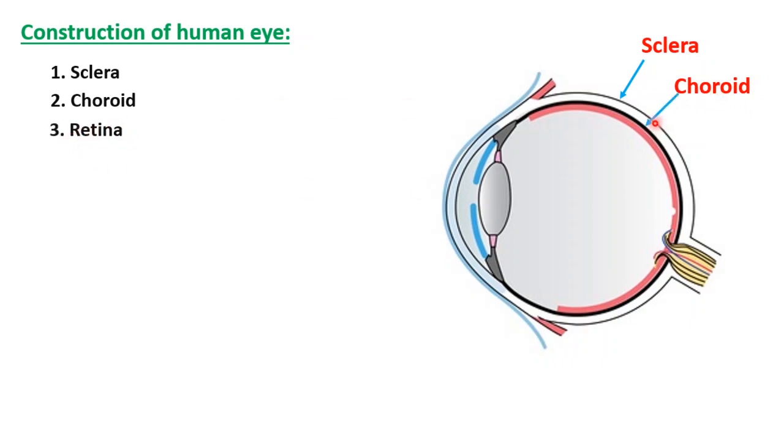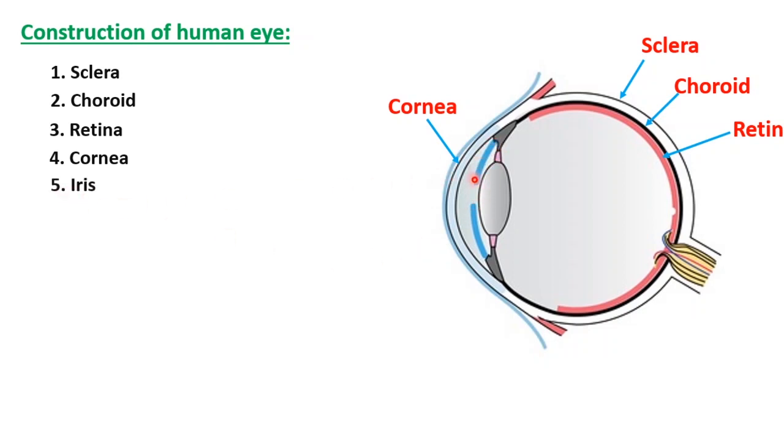Next is retina. Beneath the choroid there is a layer which is called retina. Next is cornea. The cornea is the front outermost part of the human eye. Clear?